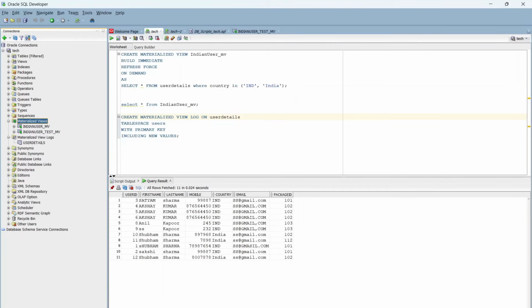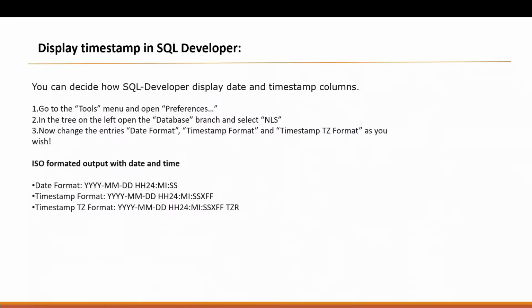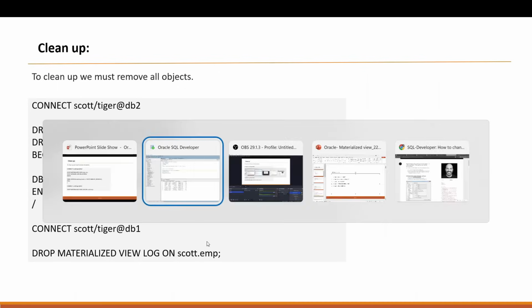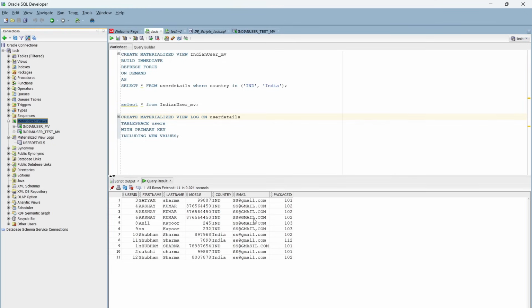So what was our query to drop it? Let's go in and see. If you want to drop the materialized view, it is drop materialized view and whatever the name is for the view. So let's come here. Before creating it, let's drop it.